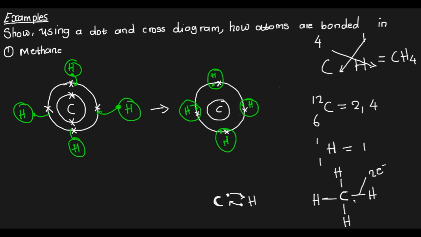So we can see that for carbon now, the outermost shell, which is the second shell here, we have 8 electrons. So the carbon is satisfied, and each hydrogen has 2 electrons. Okay, let's have another example.